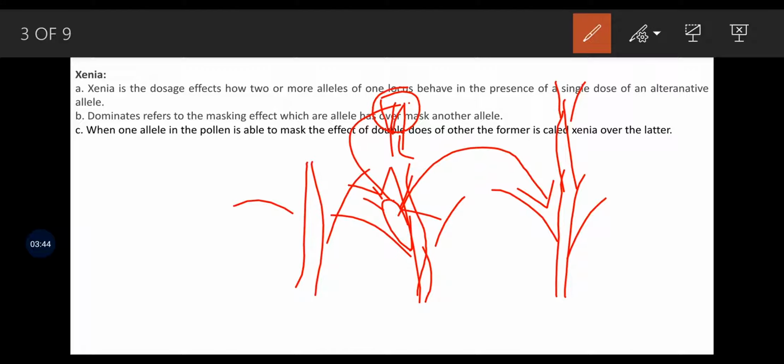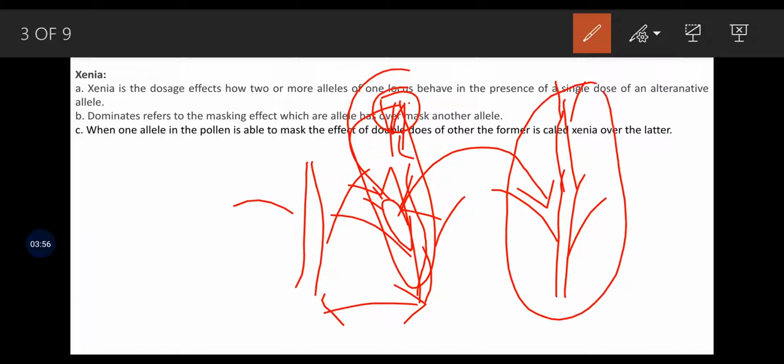So you should always remember three things. One is selfing, when the pollen falls from the same source; from a sister plant it is sibbing; and when it is from the other variety or other inbred line, then it is called crossing or cross fertilization.